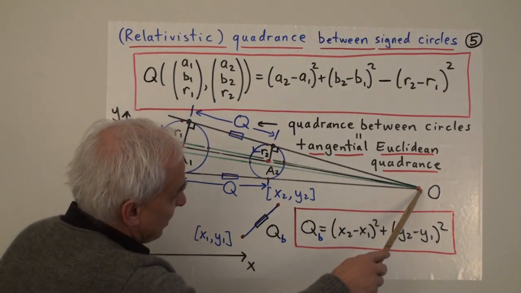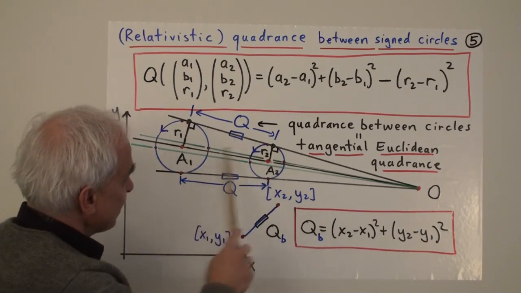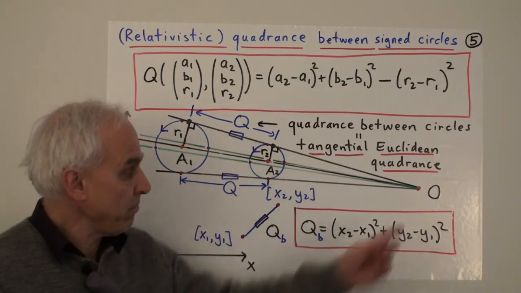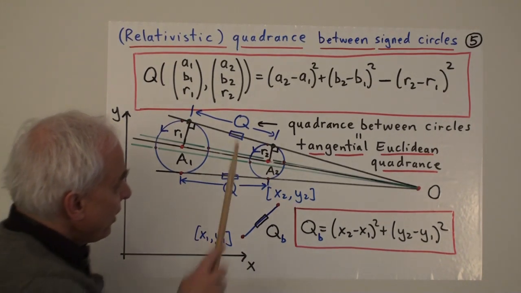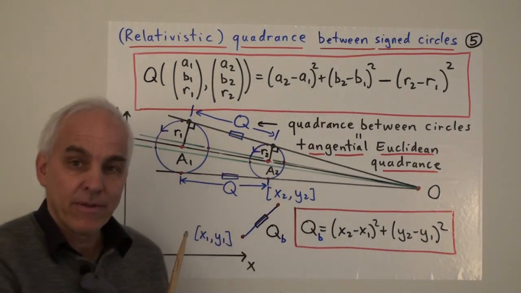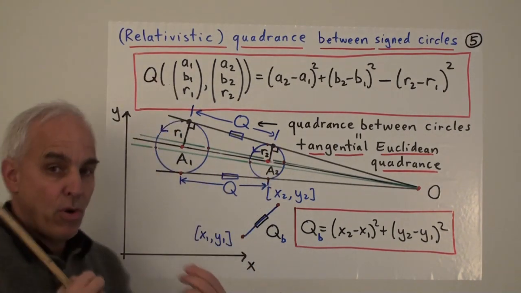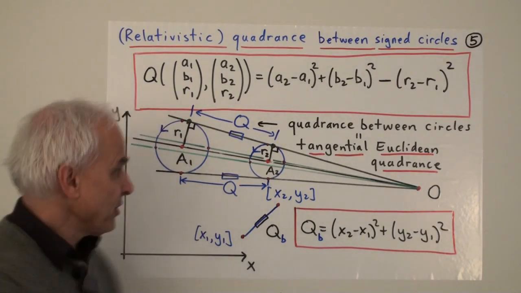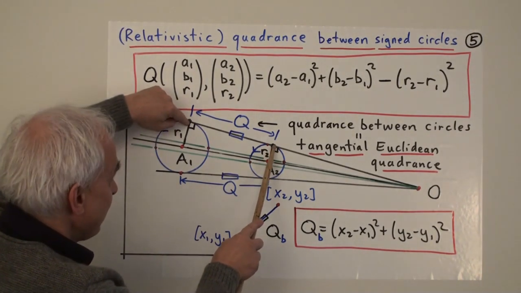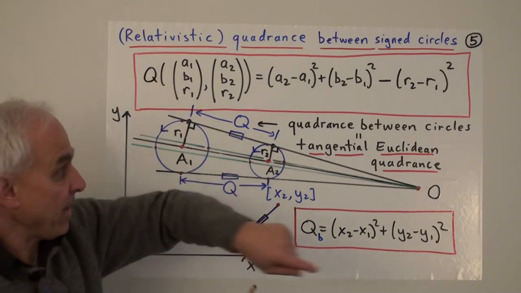And in this case, this homothetic center is also the place where the two common tangents of the circles meet. And the interpretation of this number is that it's exactly the Euclidean quadrance between those points of tangency between the two circles. So if we look at these 2 points and ask, what's the Euclidean quadrance between them? The answer is this.